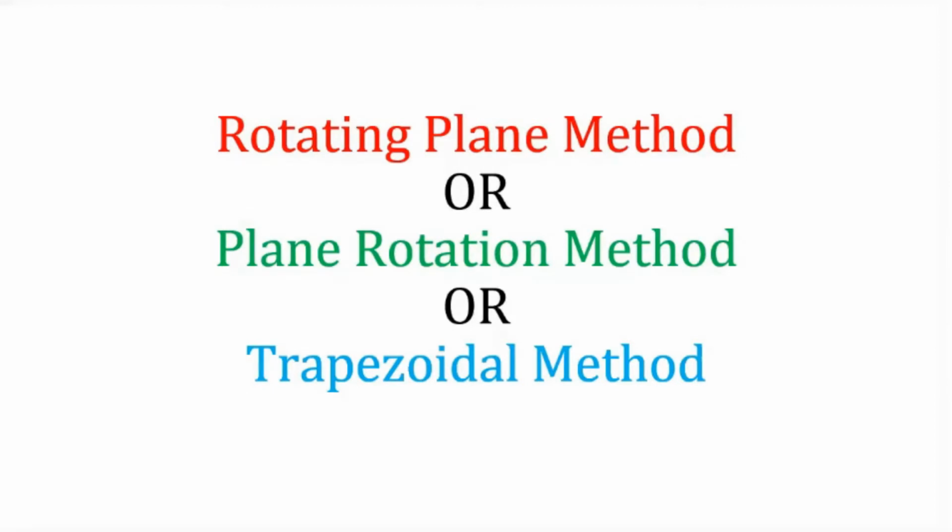It forms a trapezium in which the two projectors are the parallel sides, and the other two sides are non-parallel sides. Then we rotate this trapezium in such a way that the edge which is the front view remains in its position itself. All the other three edges rotate. So that's the method of plane rotation.